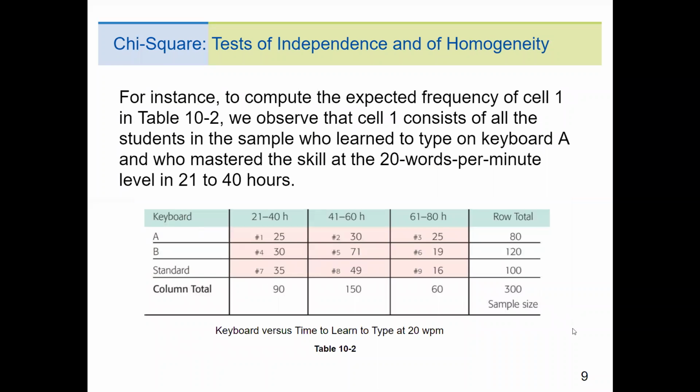For instance, to compute the expected frequency of cell 1 in table 10.2, we observe that cell 1 consists of all the students in the sample who learned to type on keyboard A and who mastered the skill at the 20 words per minute level in 21 to 40 hours.